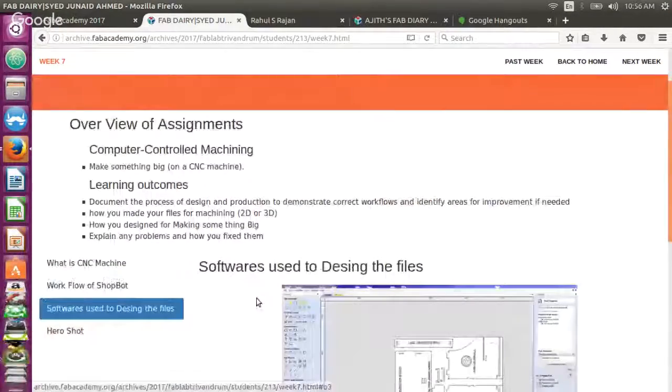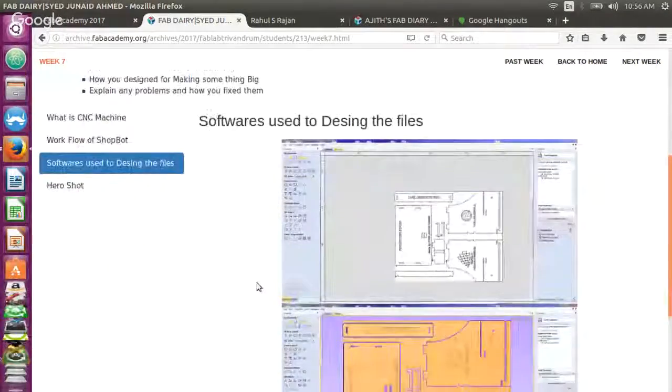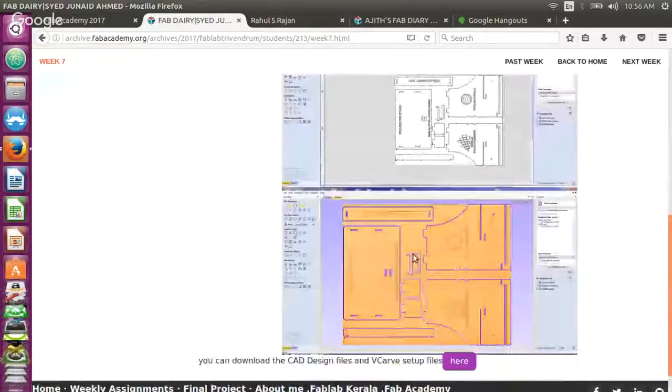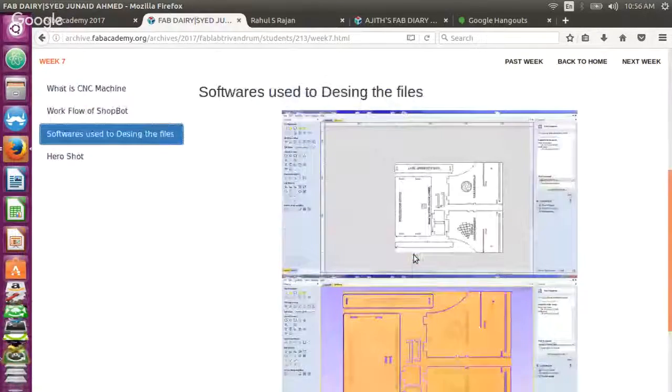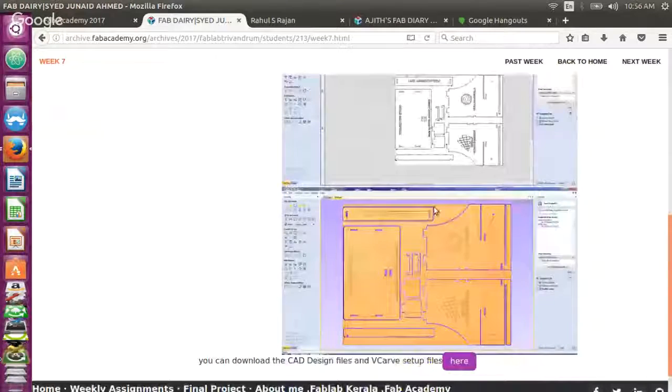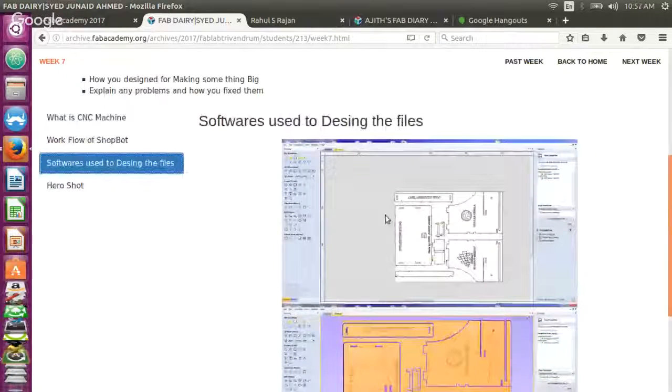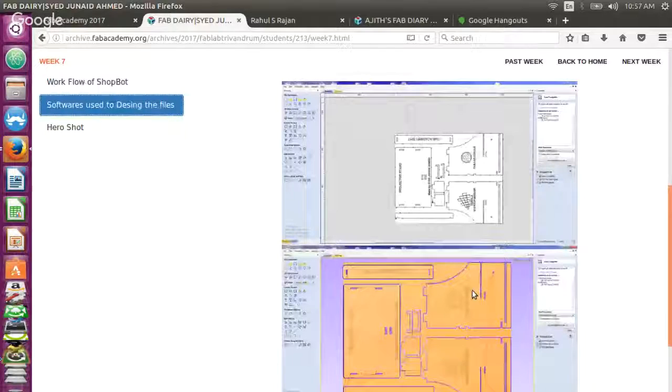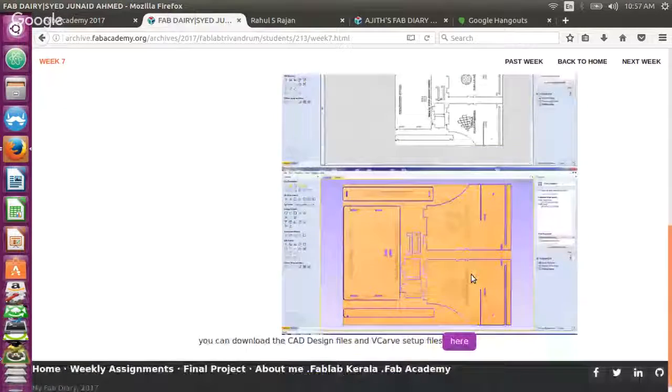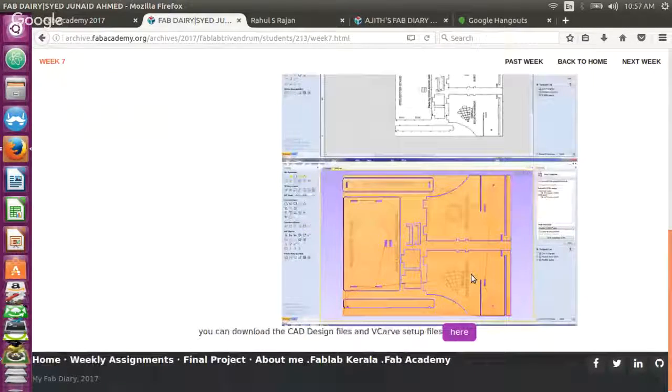I used Rhino for designing, and I have updated the CAD design files and VCarve setup, but I still need to document in this section. This is taking a 1 meter by 1 meter size, and it's going to be a projector stand which fits on the existing computer table.